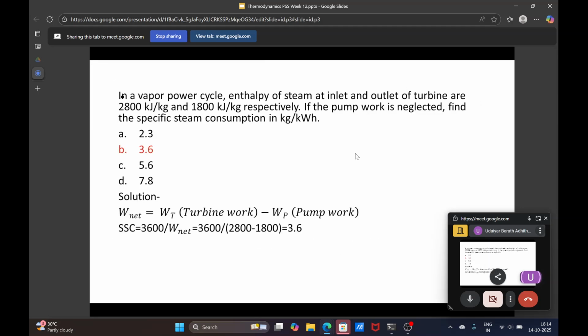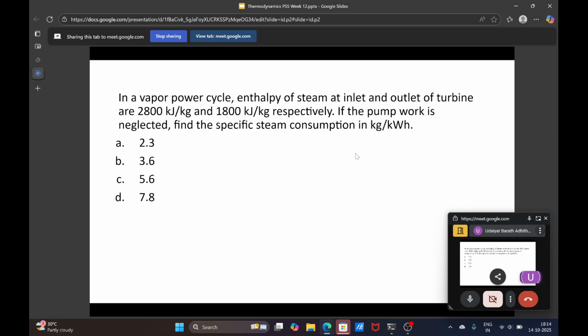Now let's move on to the Rankine cycle. In a vapor power cycle, enthalpy of steam at inlet and outlet of turbine are 2800 kilojoule per kg and 1800 kilojoule per kg respectively. If the pump work is neglected, find the specific steam consumption in kg per kilowatt hour.